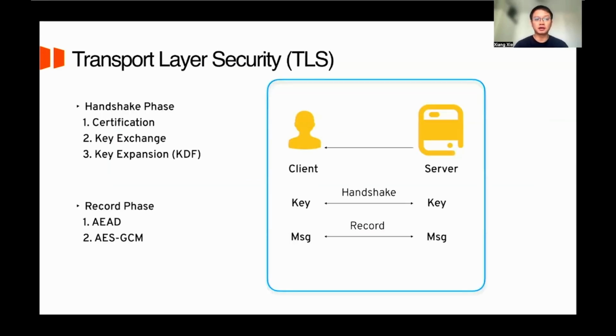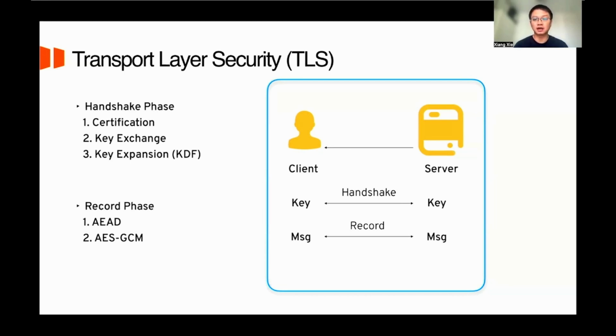First, let me briefly introduce the TLS protocol. Basically, the TLS protocol has two phases. The first one is the handshake phase. In this handshake phase, the server has a certificate, and the server and the client establish a shared key using Diffie-Hellman key exchange, and using PRF or KDF to expand the shared key into different session keys.